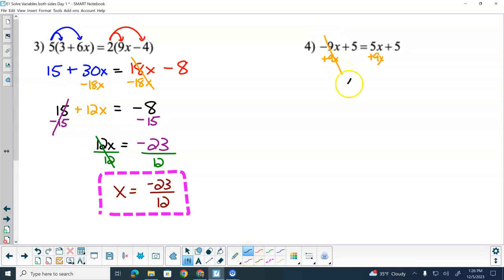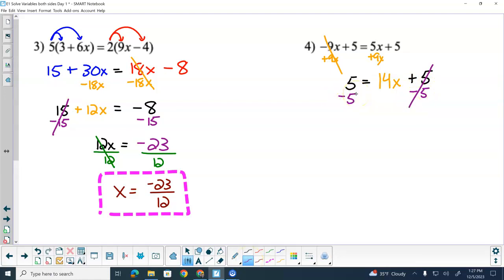That leaves me with 5 equaling 5 plus 14x. Plus 5. So we moved our variables to the right, which means we got to move the numbers to the left. So I'm going to subtract 5 from both sides.